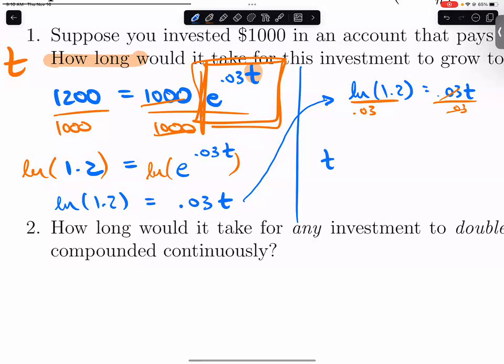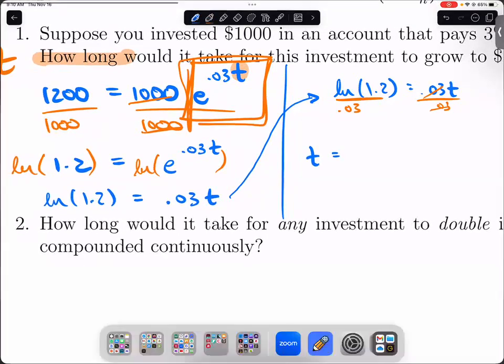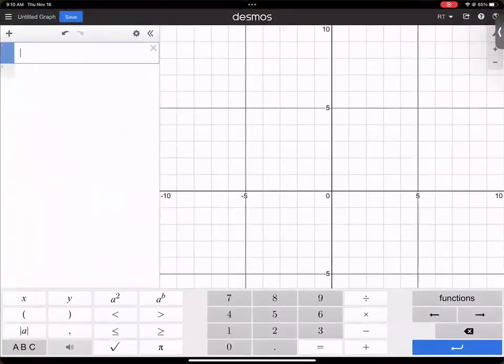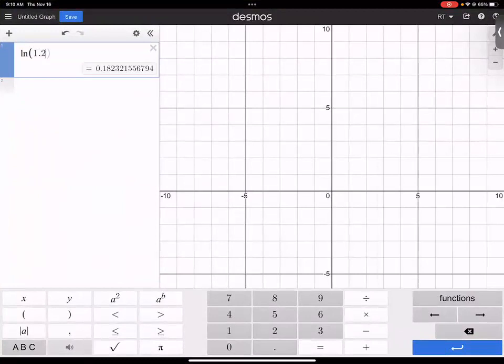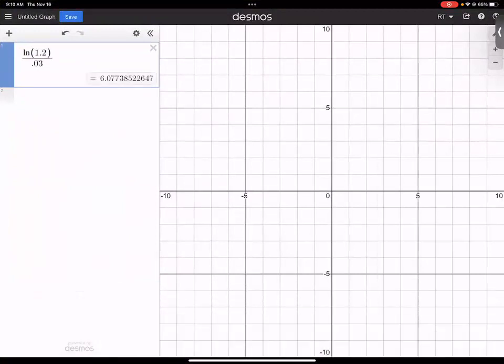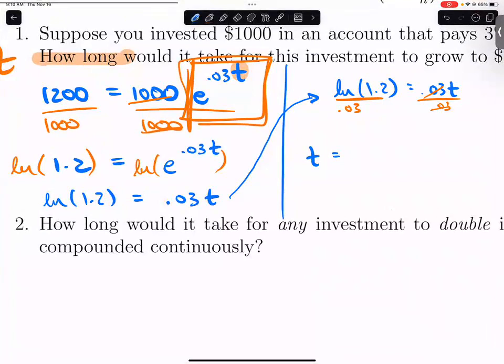So t is whatever the natural log of 1.2 divided by 0.03 is, 6.077. Most of the stuff you're going to see is going to ask you to round to like a 10th of a year.